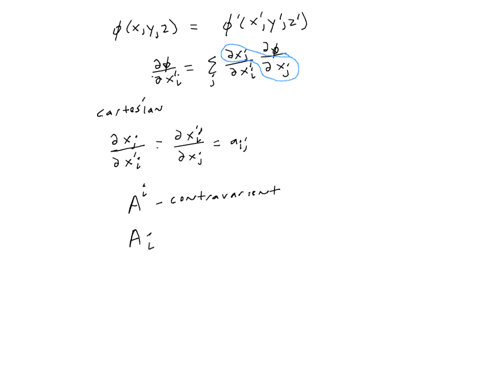And if I write the index like this, it's going to be covariant. And if I write it with no index at all, this is called invariant. So the first one is a contravariant vector. The second one is a covariant vector, and the third one is a scalar, because it's invariant.